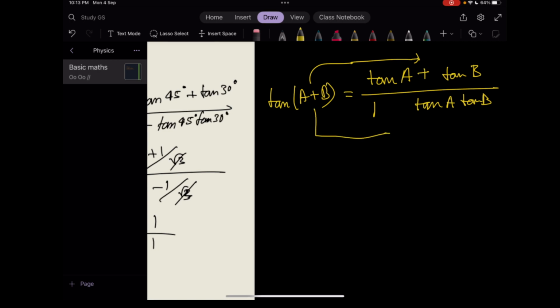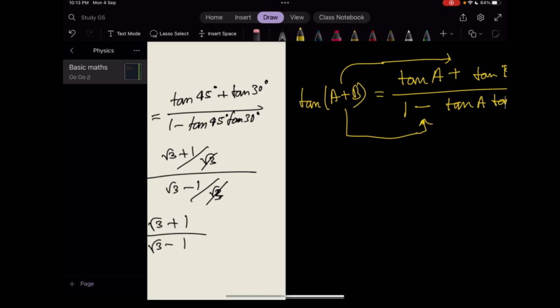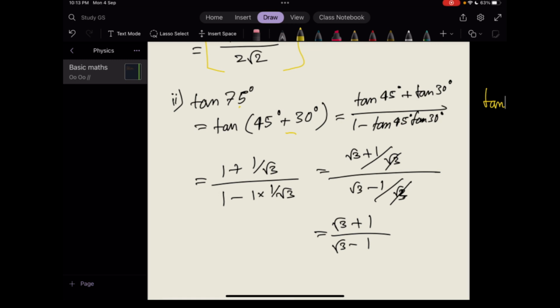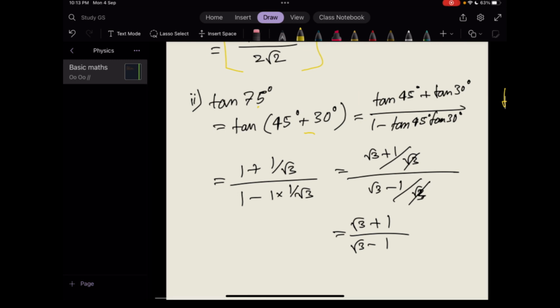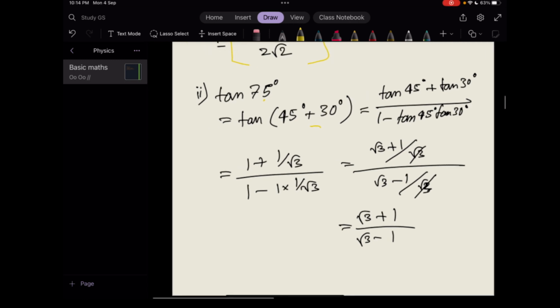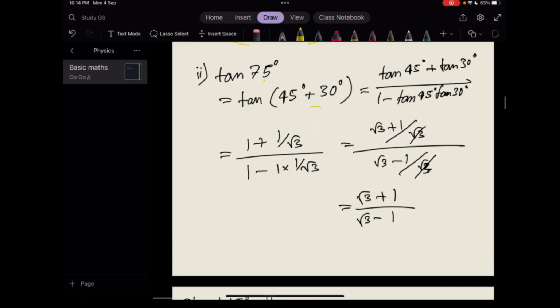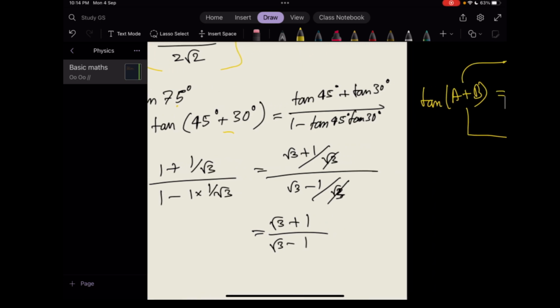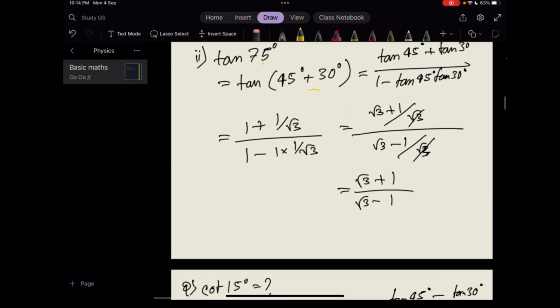If it is plus, put the opposite sign here, that is minus. So here I have the formula: tan 45 degree plus tan 30 degree divided by 1 minus tan 45 degree tan 30 degree. So tan 45 degree is 1, tan 30 degree is 1 by root 3. Put the value here and you will get the answer.